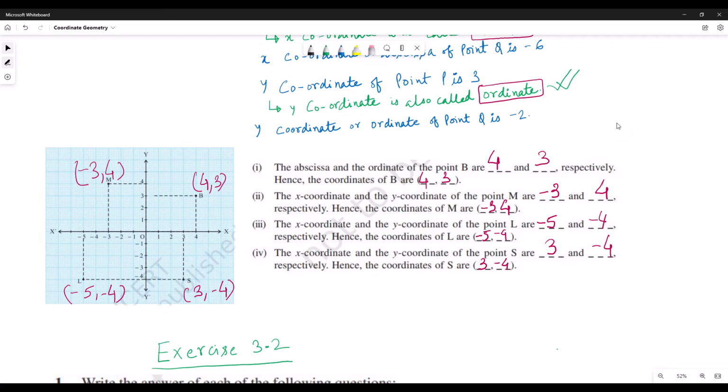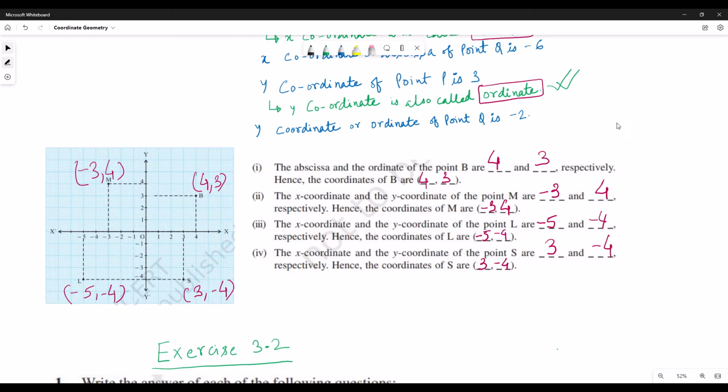In the y direction it is 3 units away and in the x direction it is 4 units away. Okay, so with reference to this figure, we will be completing the statements. The abscissa and ordinate of the point B. So this is the graph, and we know the abscissa is the x coordinate and the ordinate is the y coordinate. The x coordinate is the distance in the x direction and the y coordinate is the distance in the y direction.